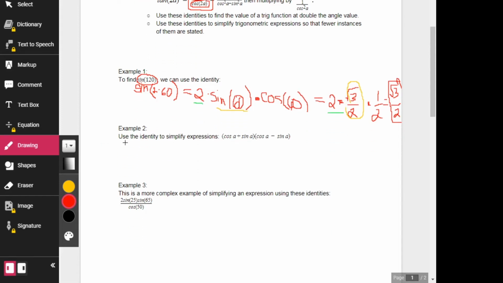Second example. Let's say it says use the identity to simplify the expression: cosine of a plus sine of a times cosine of a minus sine of a. If we notice this expression, you might see that you've got a pair of binomials.